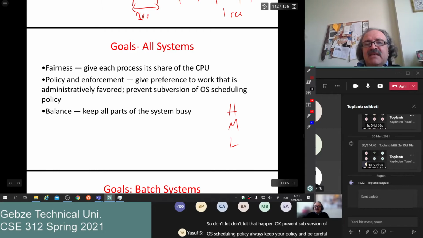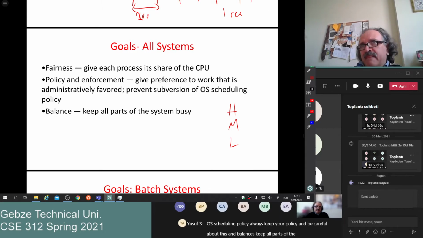And balance is keep all parts of the system busy. When we talk about CPU efficiency, we always said that we shouldn't keep the CPU idle. But we should be careful about keeping all the other parts of the system busy too. For example, if one process wants to get data from the hard drive, let that process run first, ask the hard drive to load the data.